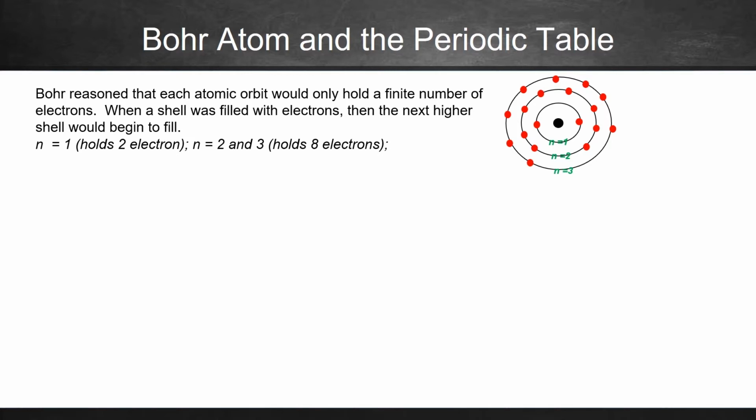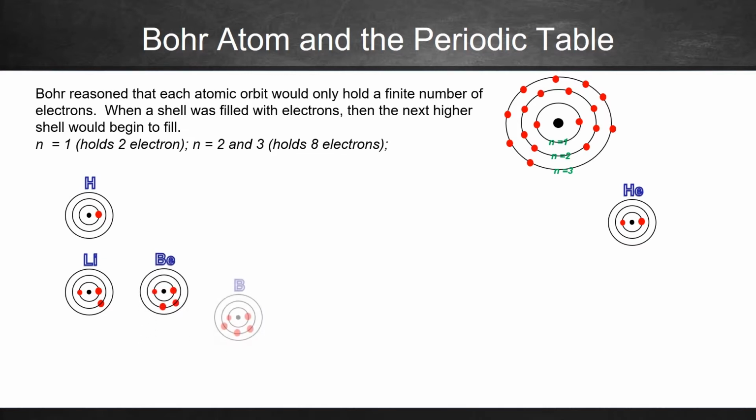For ground state hydrogen, the single electron goes into the n equals 1 orbit. Now helium has 2 electrons and they both can go in the n equals 1 orbit, filling it up. For lithium, we have 3 electrons, with the first 2 going in the first Bohr shell, filling it up, and the last electron we will put in the second n equals 2 shell.